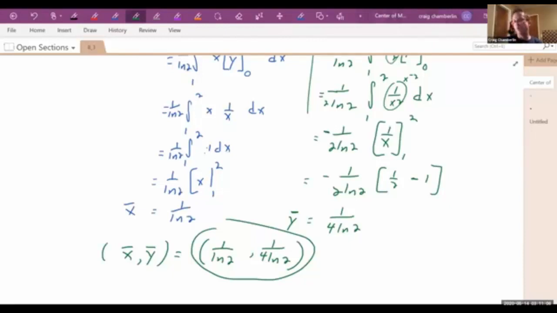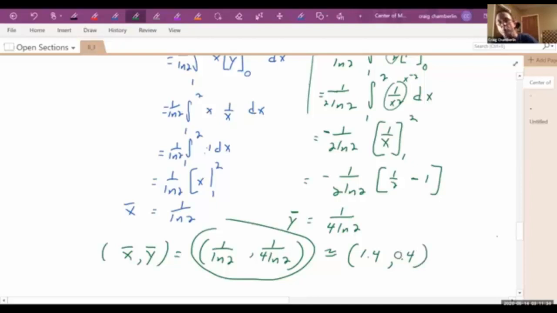That's about 1.4 if we round. And then 1 divided by 4 natural log of 2. That's about 0.36, close to 0.4 if you round.